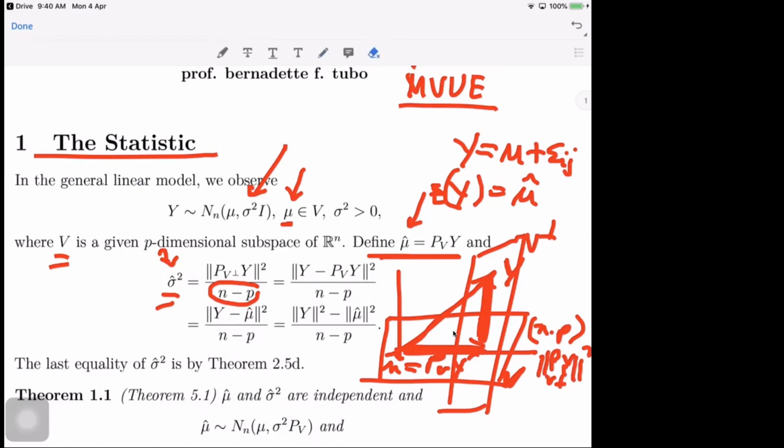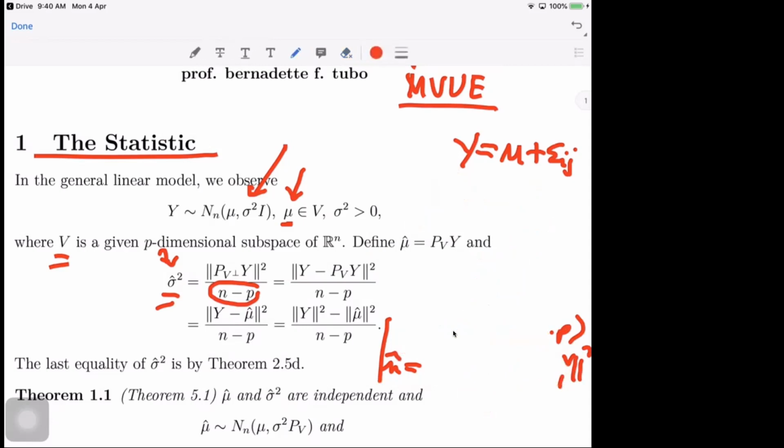So when we analyze the mean or the estimate, you have a mu, which is to be estimated by mu hat, and you have a sigma square, which is usually unknown, to be estimated by sigma hat square.